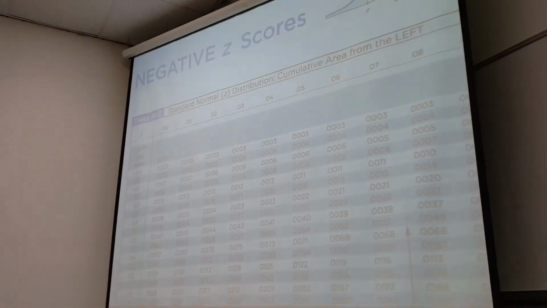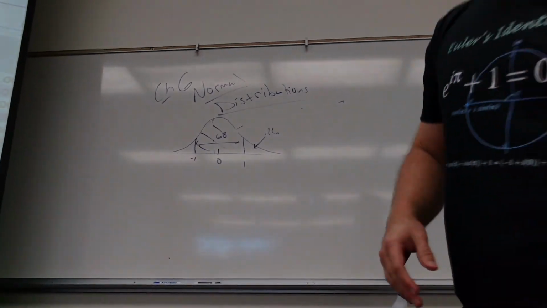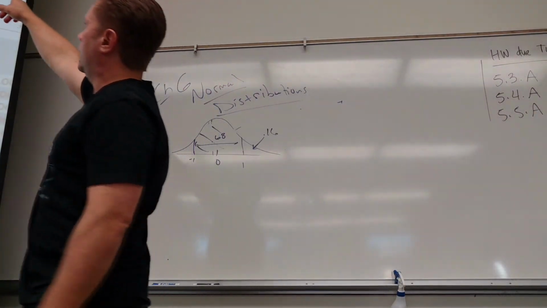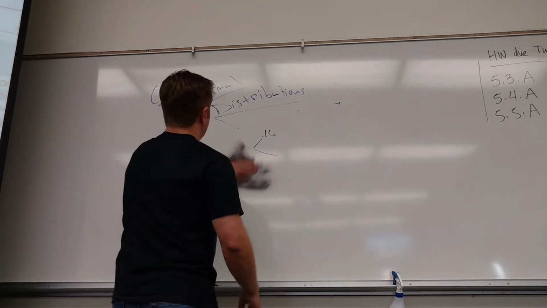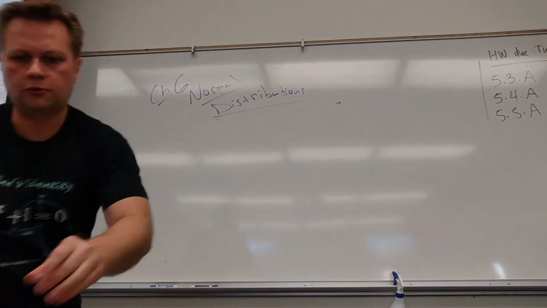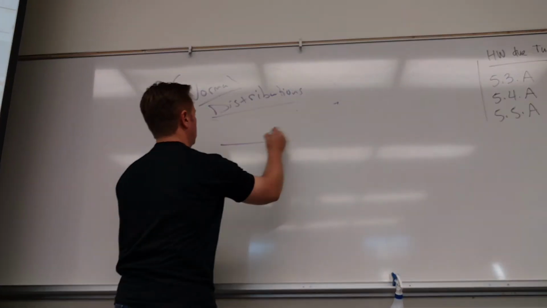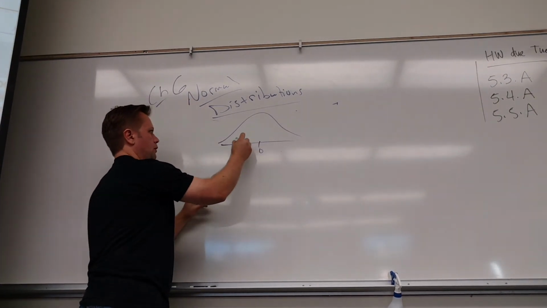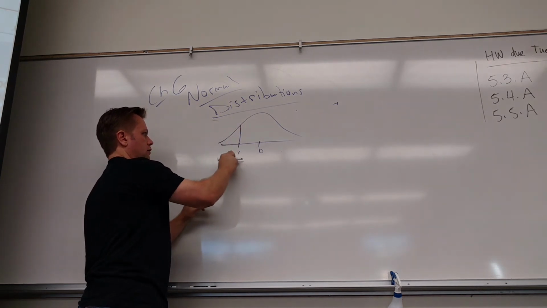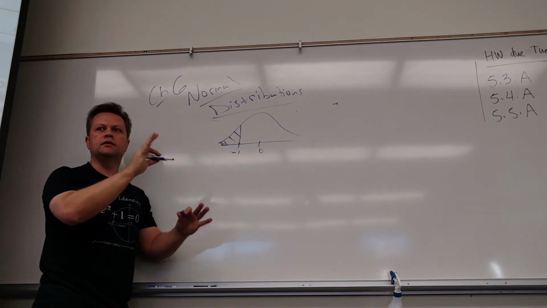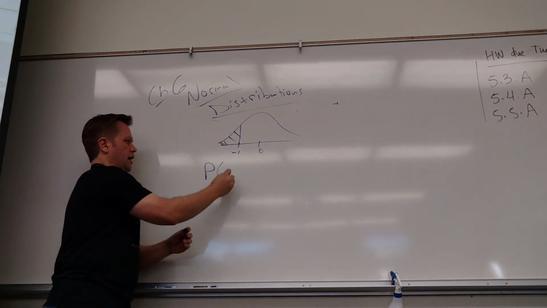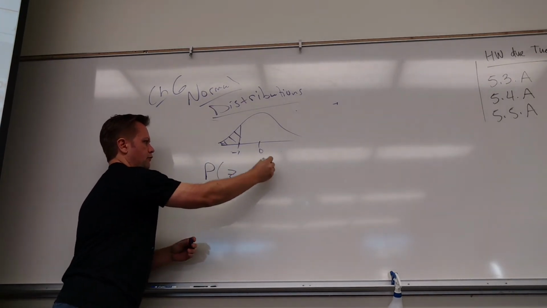The way this chart works, if I want to know the probability, let's figure out something we should already know, in fact what we just did. If I had a normal curve and wanted to know the area, which is the probability below -1, to write that in symbols, it would be the probability that z is less than -1.